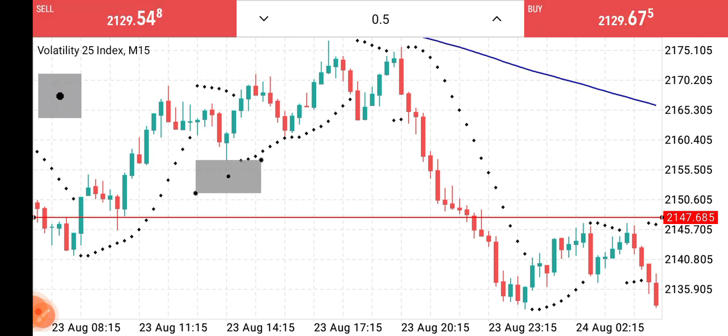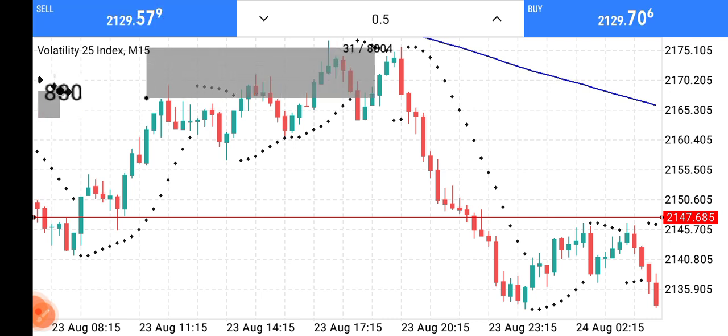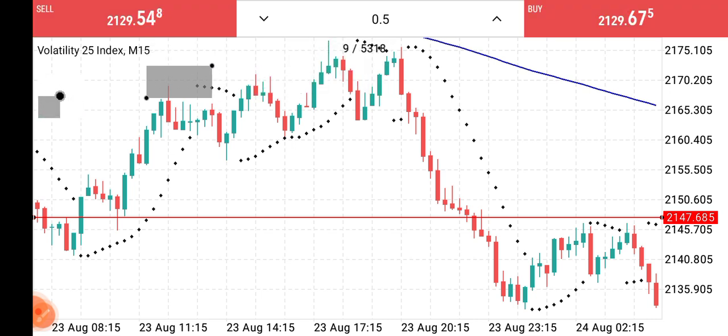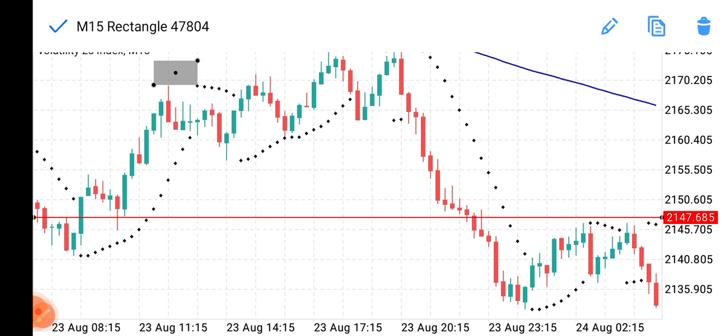So where is the higher high in this market now? This is higher high. These are highs on top, these are highs. But to differentiate the highs, you say that this is higher high.